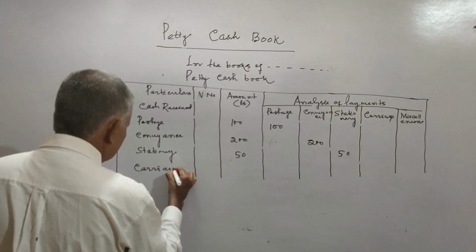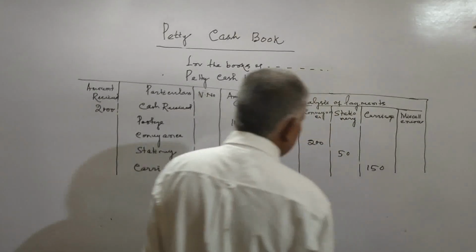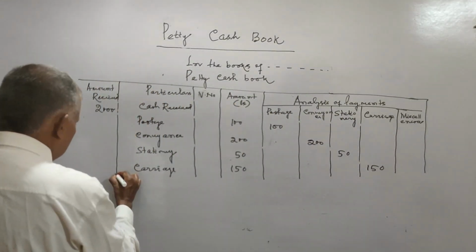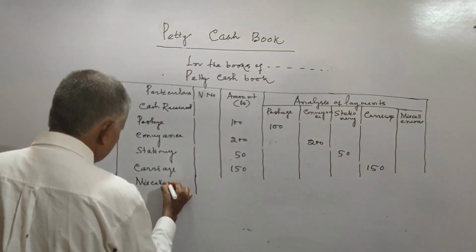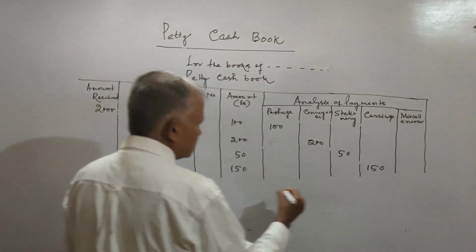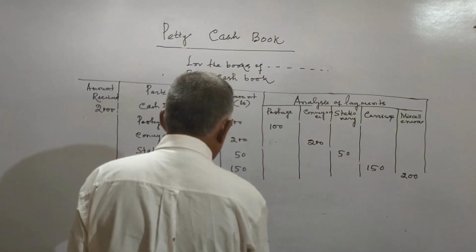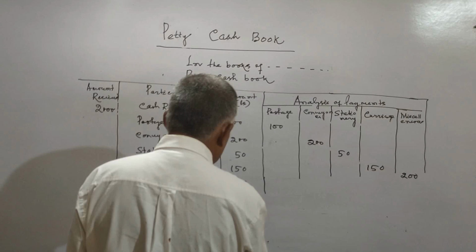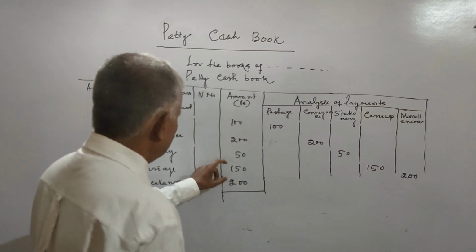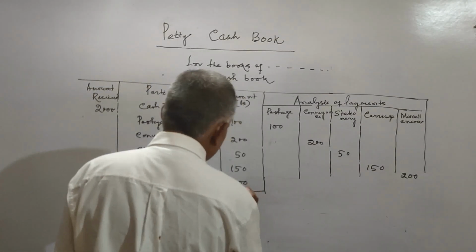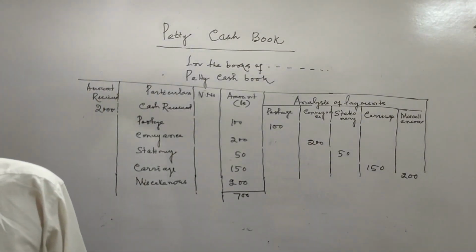Carriage, say 150, we will write 150 here. And other expenses like miscellaneous expenses, say 200, we will write 200 here. So if we make a total here, it comes to 700. It comes to 700 is the total expenditure.